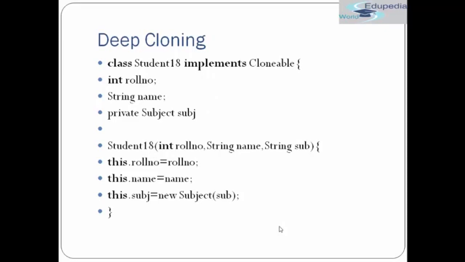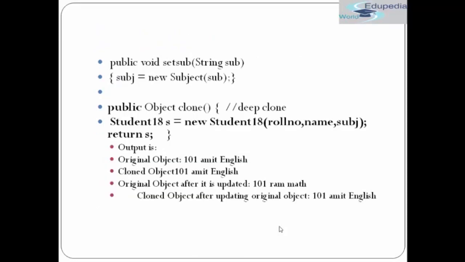Okay. So this is a program of deep cloning. You can see here we have implemented Cloneable, and then we have a constructor of Student. So it's the same example, it's just that we are doing a deep copy. Okay, so you just come to this clone method. Over here, just see, we are doing Student s equals new Student and we are passing row number, name and subject. Okay, and then we are returning s.